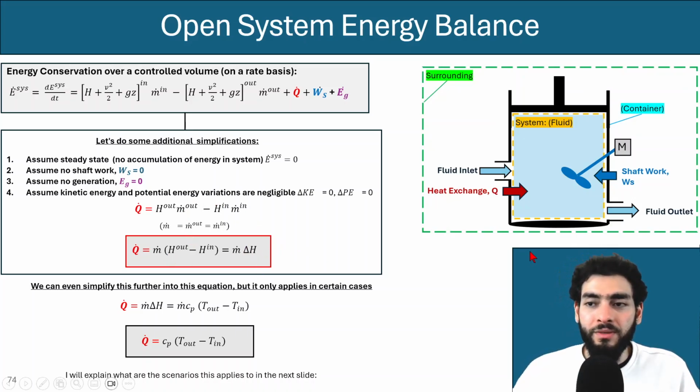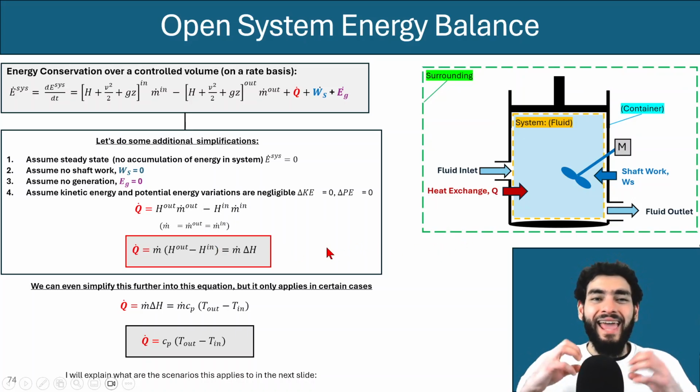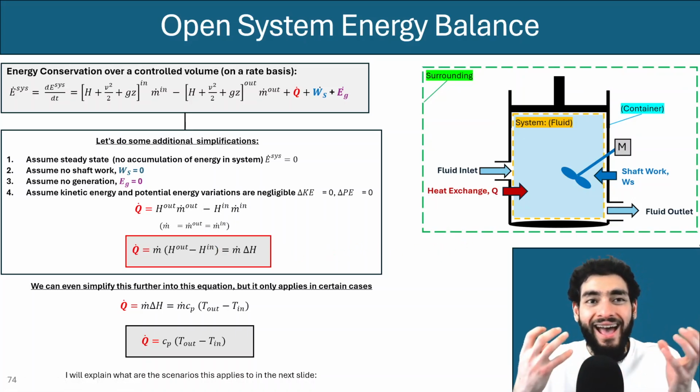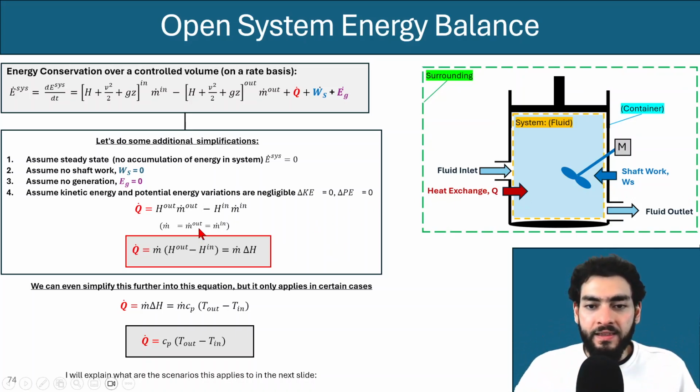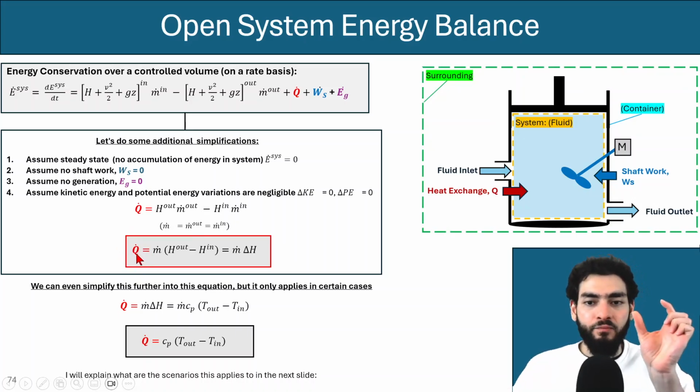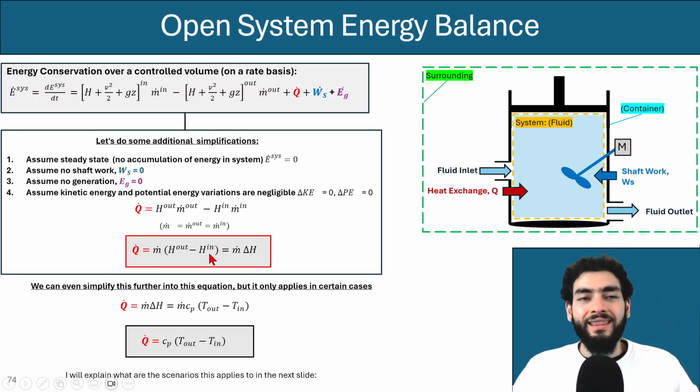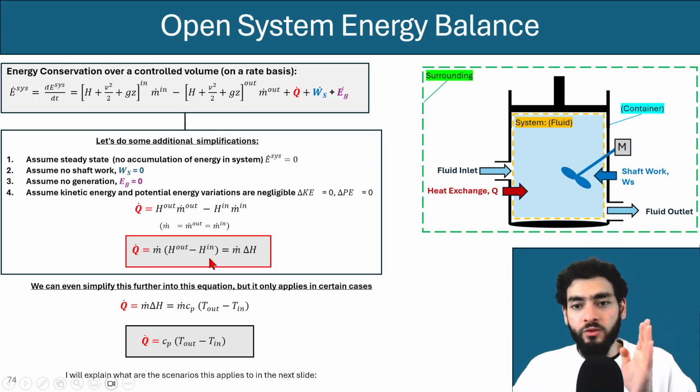So this means that if we truly have a steady state system, if the enthalpy of the liquid leaving the system is higher than the enthalpy of the liquid coming into the system, that means that this extra energy that the fluid has as it's leaving the system must come from somewhere. And this energy that you can calculate, which is Q dot, would be coming from the surroundings.